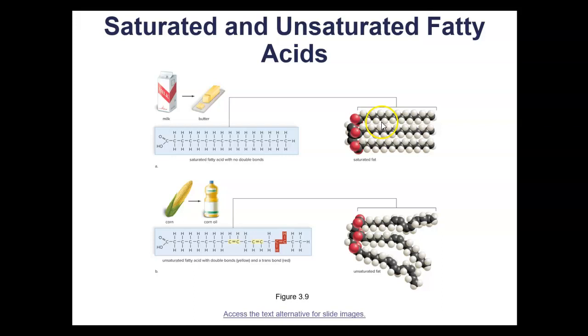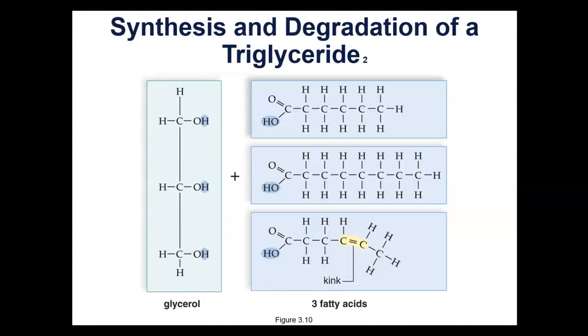And the way it's going to make the structure of the fat look is that the hydrocarbon chains are going to be completely straight and rigid in a saturated fat. Whereas in an unsaturated fat, they're going to be bendy and kind of flexible, and that is going to give it a liquid quality at room temperature. This is a glycerol molecule on the left and 3 fatty acid molecules on the right.